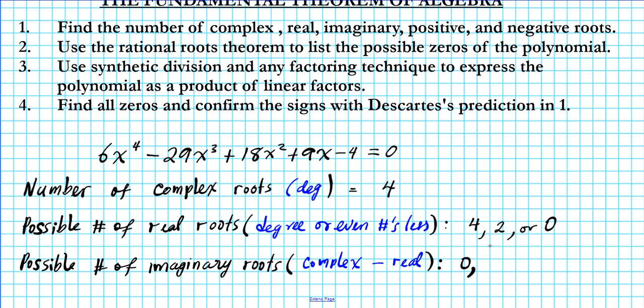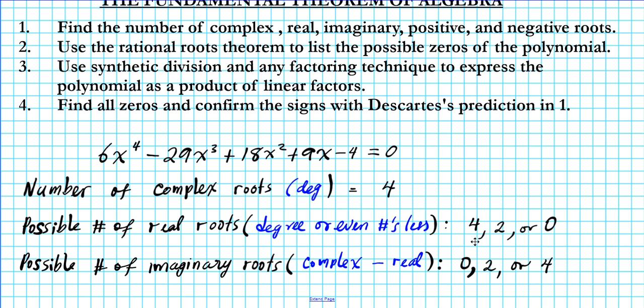Then the other 2 will be imaginary, because 4 minus 2 is 2. Now what if you have 4 complex roots and none of them are real? What does that mean? All 4 of them are imaginary.